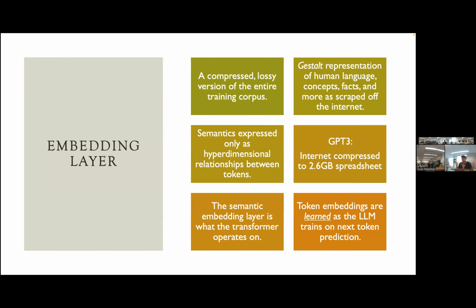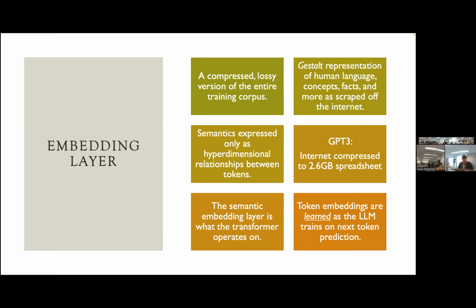So everything that's ever been written is turned into 2.6 gigs represented in this embedding space. Now, obviously it's lossy. It's not capturing everything, but it's capturing the nuance of how all of the tokens are related to each other at various levels via that multi-attention head mechanism.